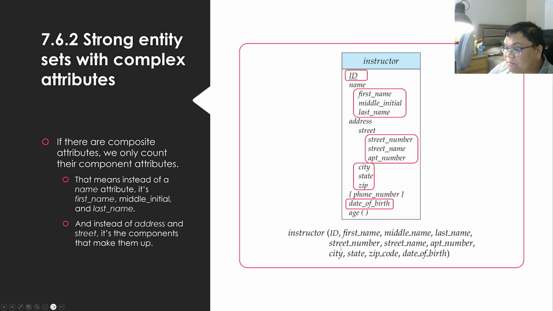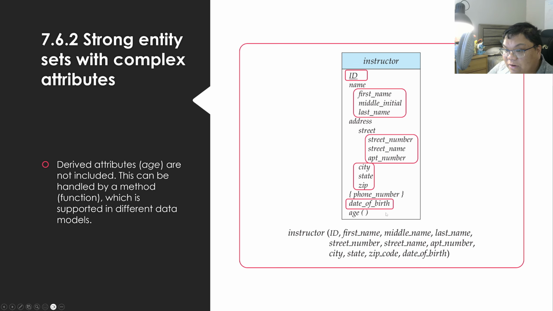So here's the schema for that. ID, first name, middle name, last name. It says middle name, but it says the middle initial here. Oops. Street number, street name, apartment number, city, state, zip code, and date of birth. So some of the names might not be lining up. Is that errata or what?